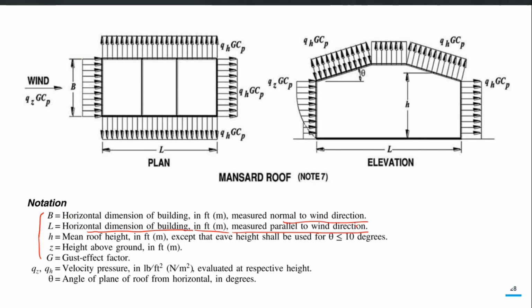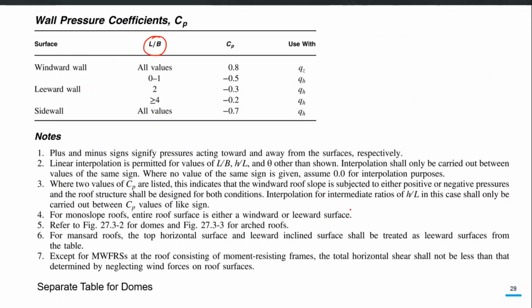So you determine these two dimensions of your building, and then depending upon the L over B ratio and which surface you want to apply, the Cp coefficients are there. So this number you have to pick from this particular table.